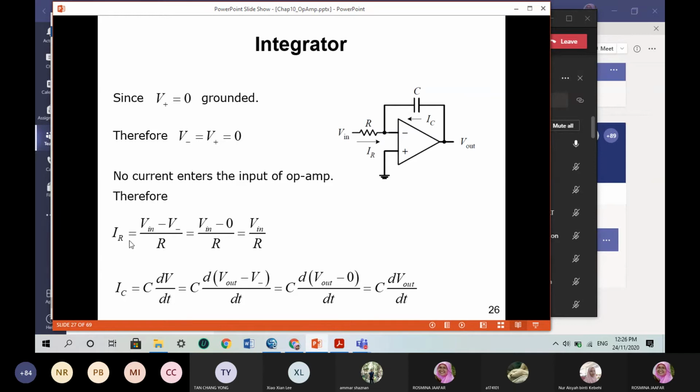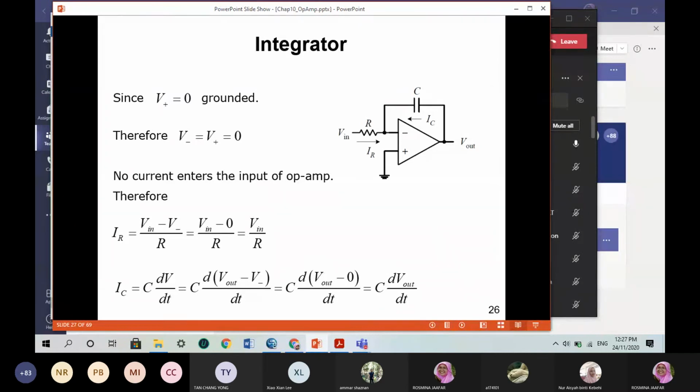Okay, and therefore I that pass through this resistor R is now the difference between V in minus V minus divided by R, and that gives you simply V in over R. So the I that pass through the capacitor C, IC, is equal to C dV dt, and if you differentiate this, dV dt is the differentiation of V out minus V minus over time, and that gives you the value of C as dV out over dt.